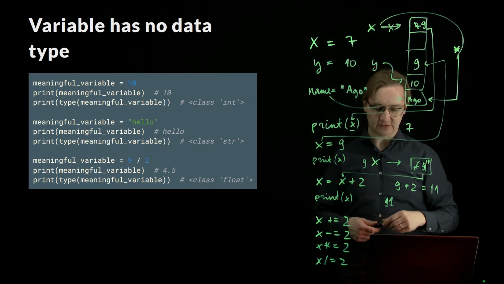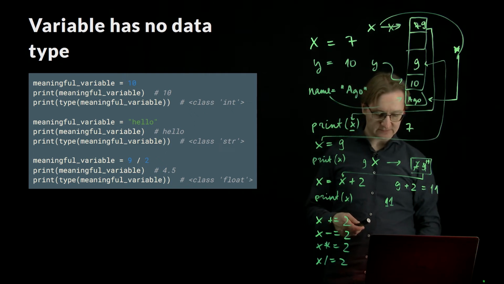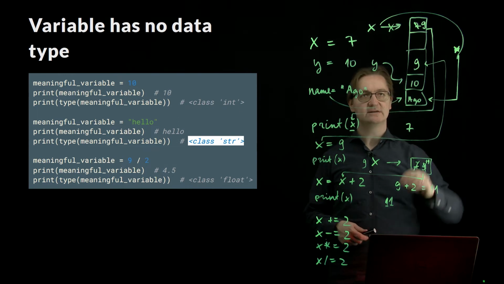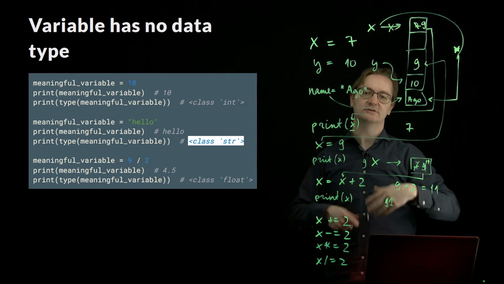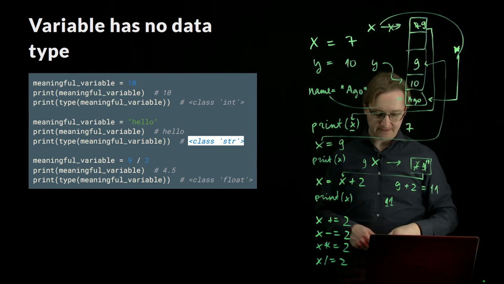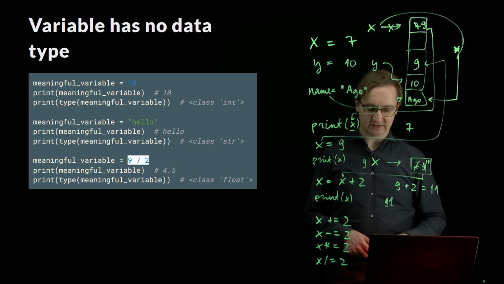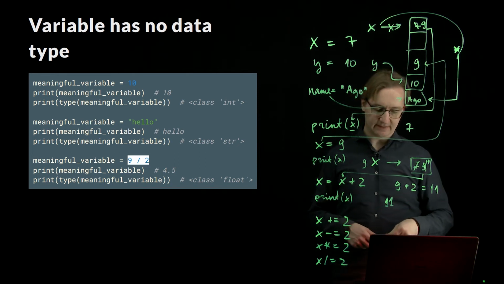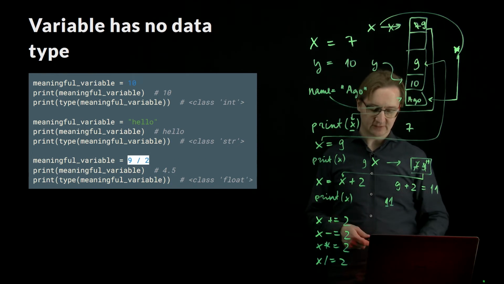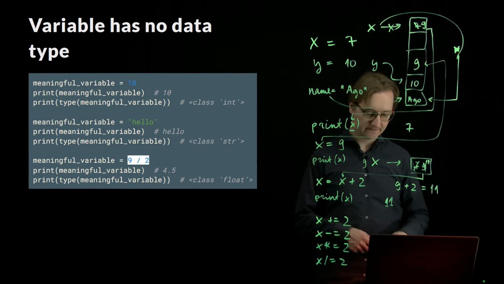And now if I print out the type for x, I can see that the data type is string. So it takes the value where this x points to and checks the type for this value. Also, if I divide two numbers, I get a float. Even if the numbers themselves are integers, the result is a float, and here I can see that the data type is float now.